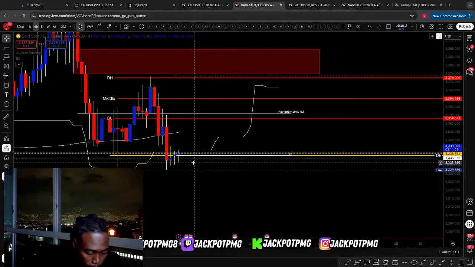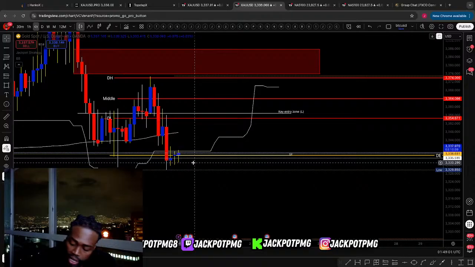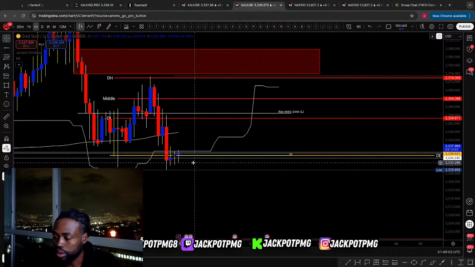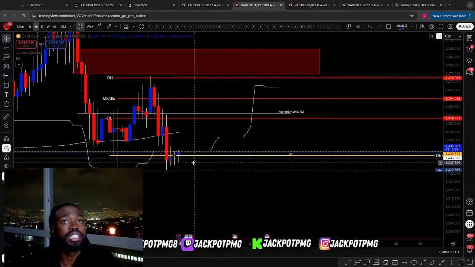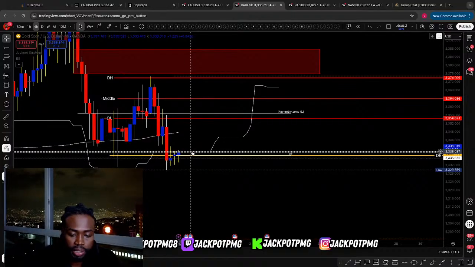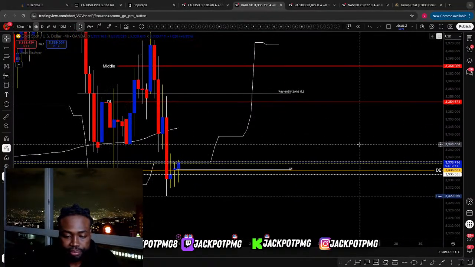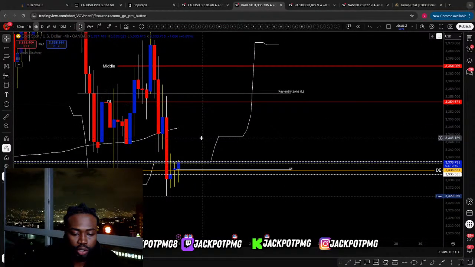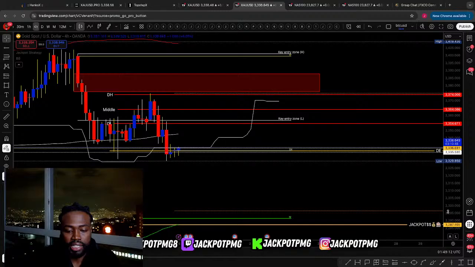As of right now, I don't know the daily high or the daily low just yet until after 12 a.m. I'm going to send it to you guys in the chat, for sure. But now I have these areas here.